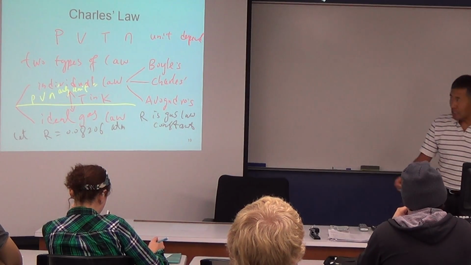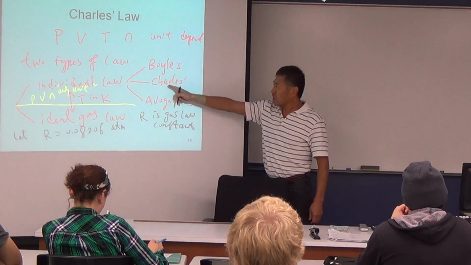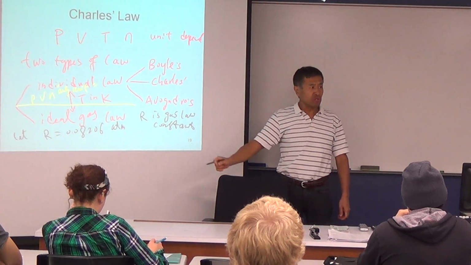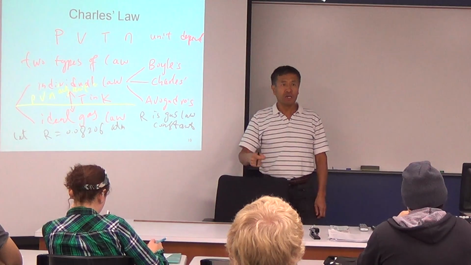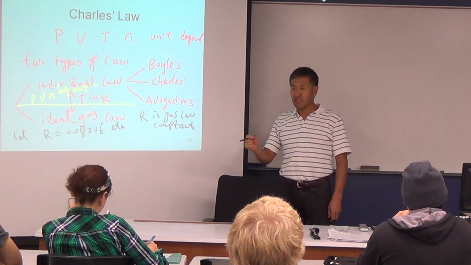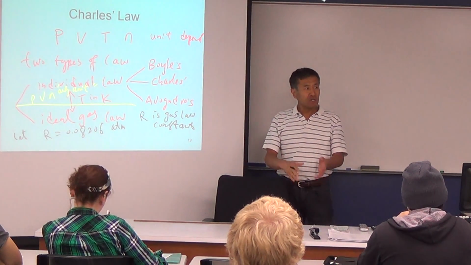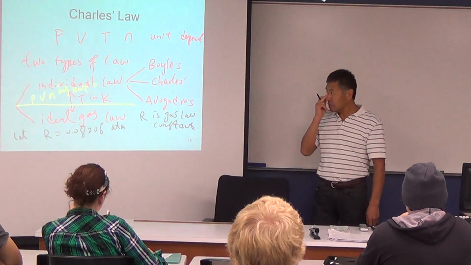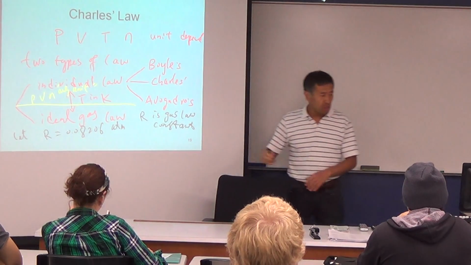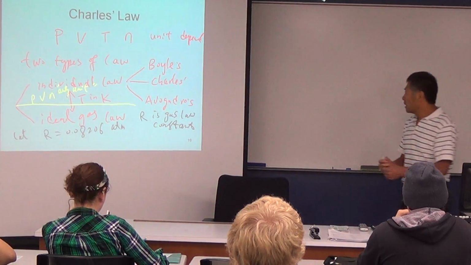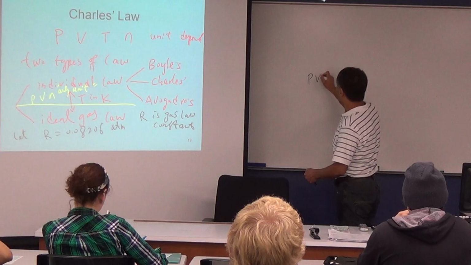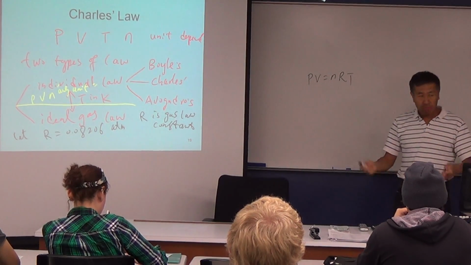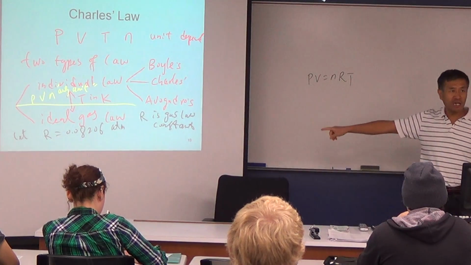In that first type, Boyle's, Charles's, Avogadro's, if you need to use pressure, you can use any unit. You can use PSI, you can use inches of mercury, as long as you use it consistently. But once you use the ideal gas law, which has the equation PV equals nRT, you put all those individual laws together and get this.